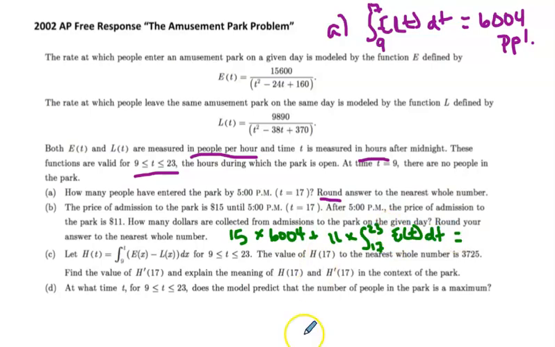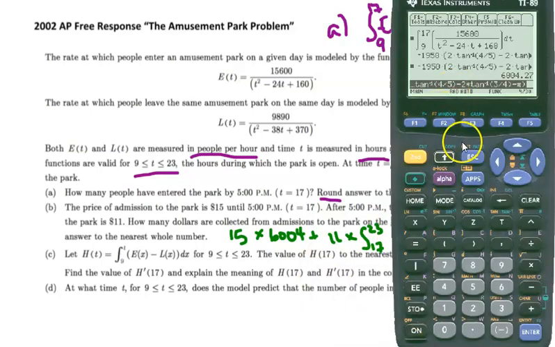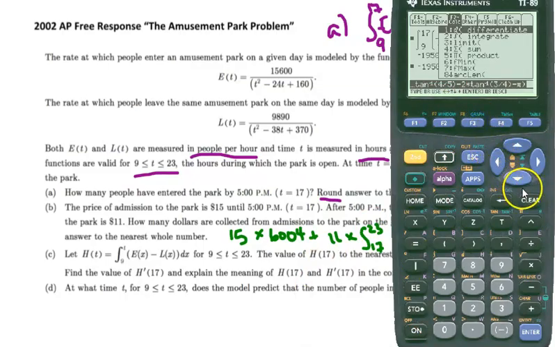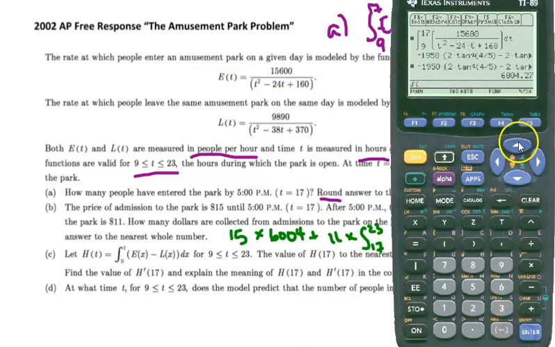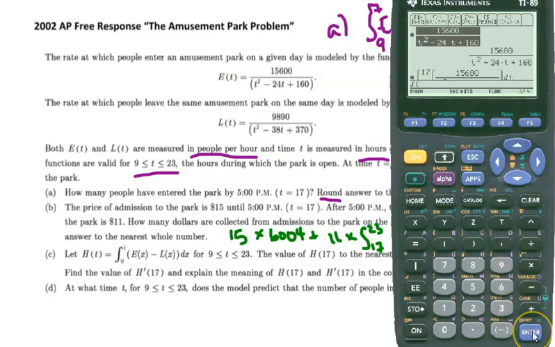So let's work on our calculator again. First we're going to find the integral of our entrance function. Again, we put integral from F3, we grab our expression for the rate at which people are entering, comma t, comma 17, comma 23.